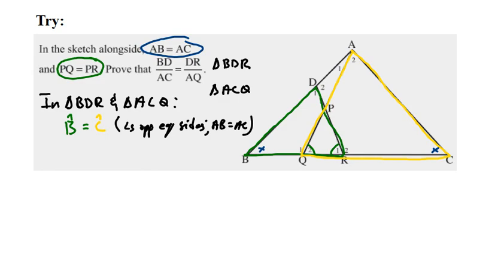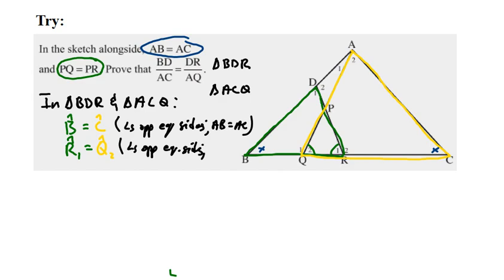Then the next one, I will go for angle R1, and please be careful here. Angle R1 is in the green triangle, and I'm comparing this with angle Q2, which is in the yellow triangle. The reason remains the same: angles opposite equal sides.